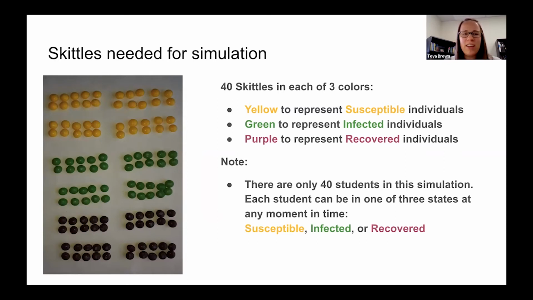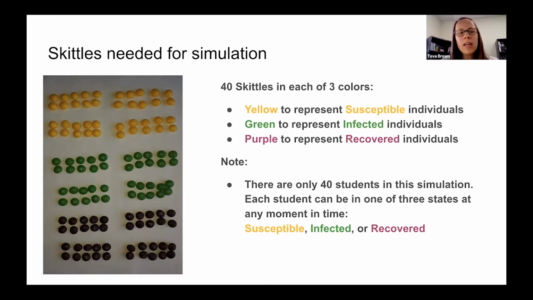And so we cooked up a simulation of a school with only 40 students, because no one wants to be counting 700 some Skittles, right? So take a smaller population for this exercise. We're going to have a population of 40 students. And in order to represent the different states that these 40 students can be in, you're going to need 40 times 3 Skittles. So we have 40 Skittles of one color, 40 of a second color, and 40 of a third color. We chose yellow, green, and purple.